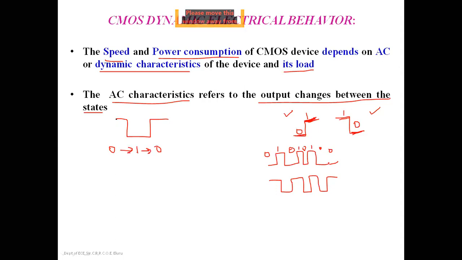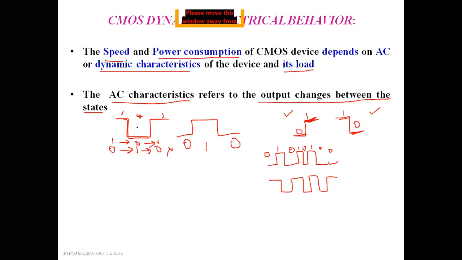So see, it is the transition of 0 to 1, it is not 1, 0, 1. And similarly, you can have another transition like this one. So this is 1 to 0.